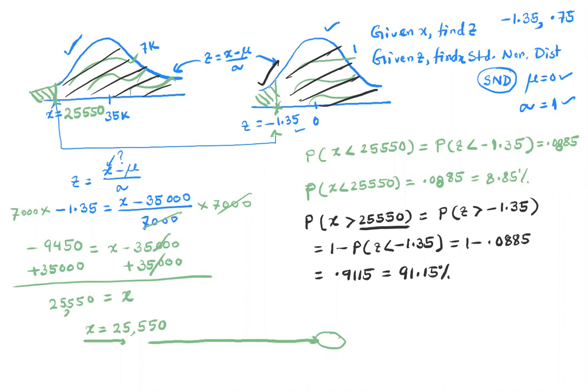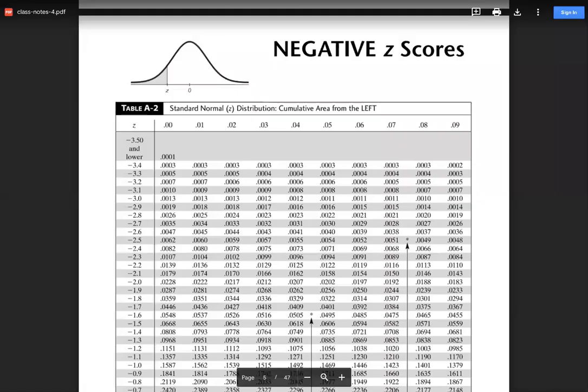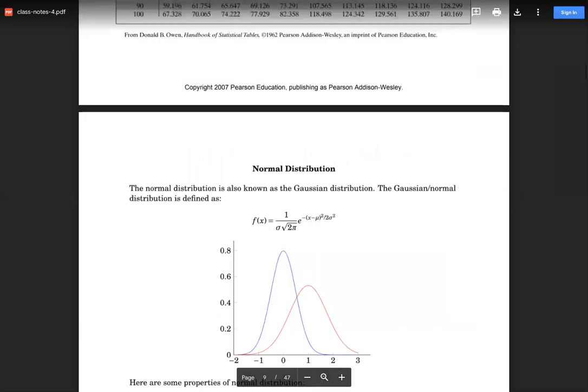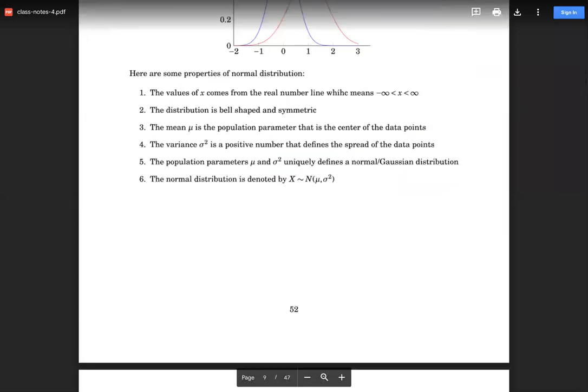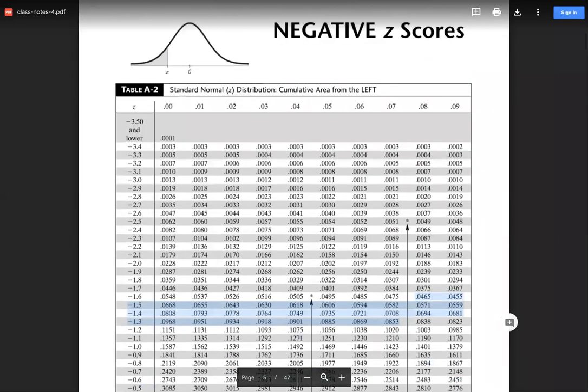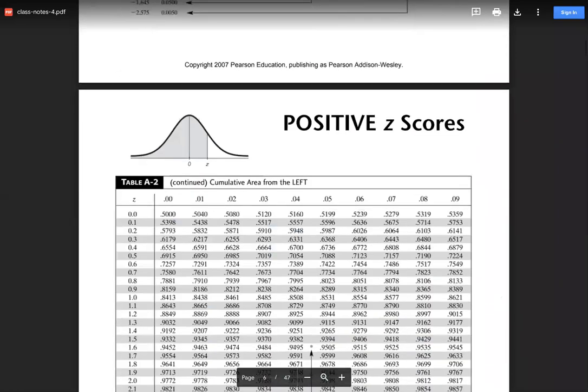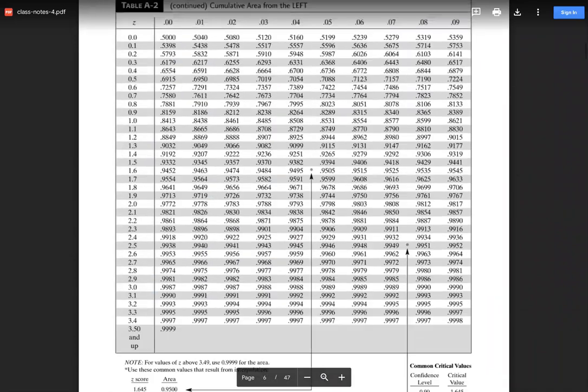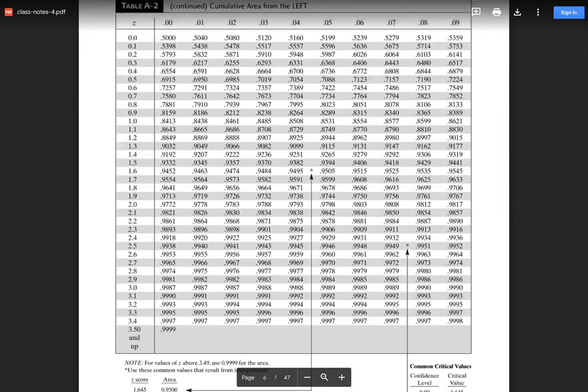Okay, so let's do more practice problems here. The next one I already had, so I'll just leave it here. This time I will need a positive z-score. There was 0.75, I remember.